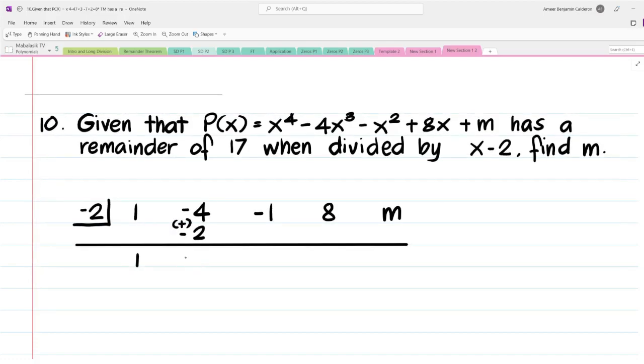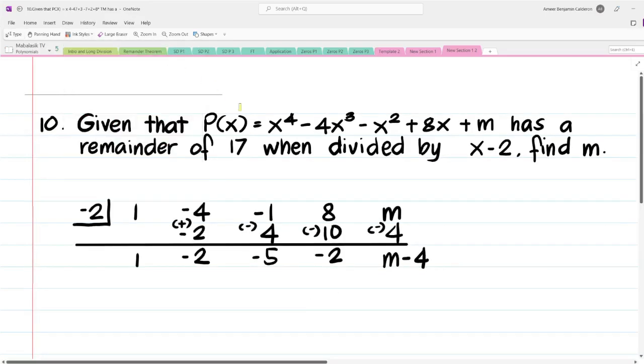So this is negative 2 times negative 2, positive 4, change the sign. That's negative 5 times negative 2, that's positive 10, change the sign. That is negative 2 times negative 2, that is positive 4. Change the sign. So we have m minus 4.